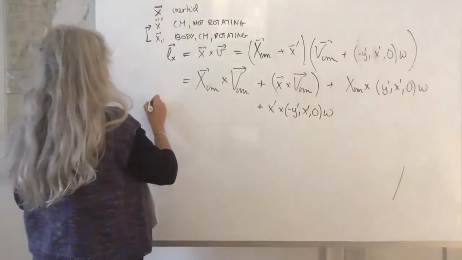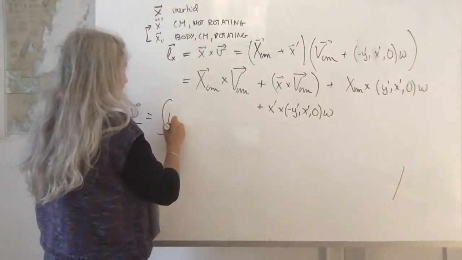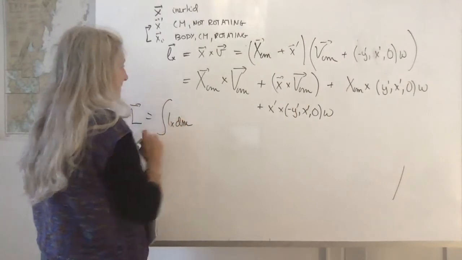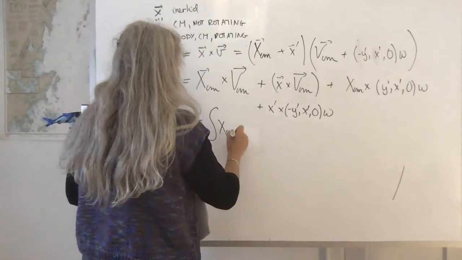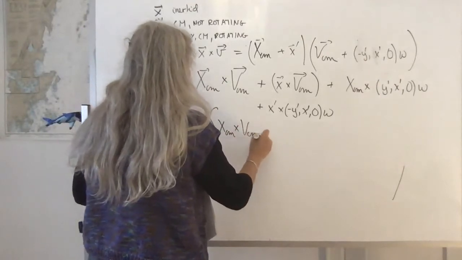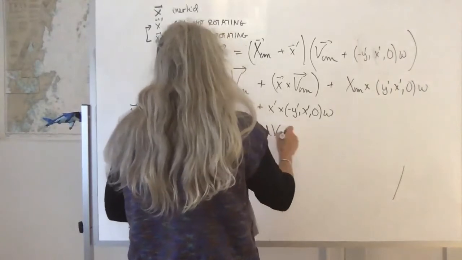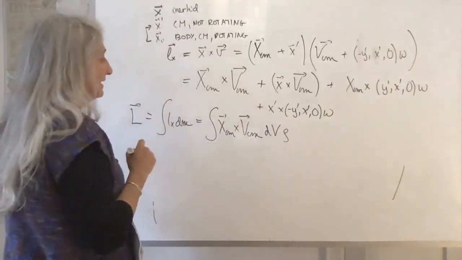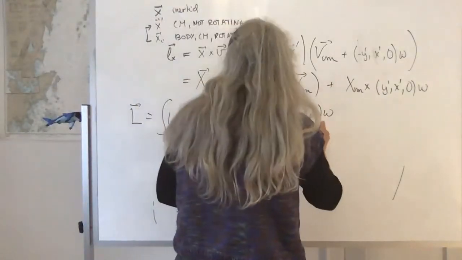And now to get the total angular momentum, I need to integrate up this L over the mass distribution. So that's going to be x center mass times v center mass over dv times rho. So let's write those out.